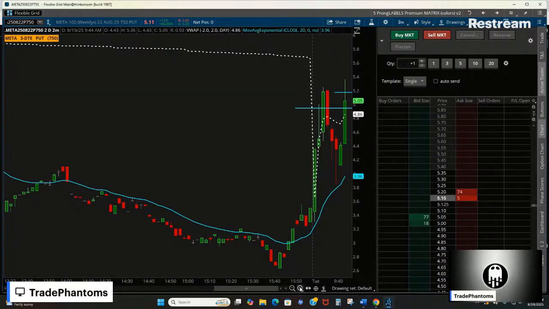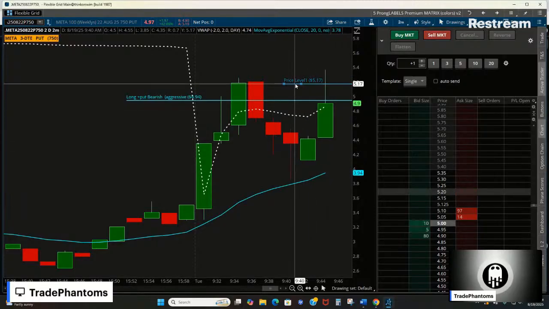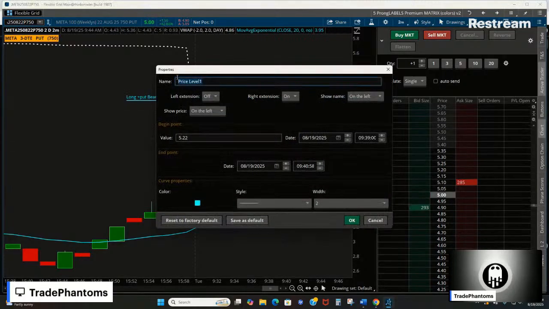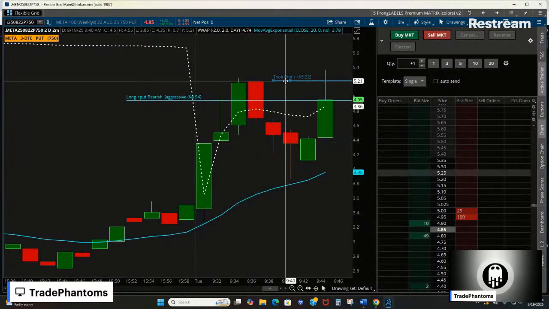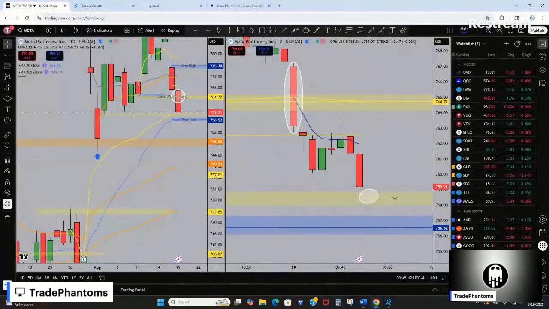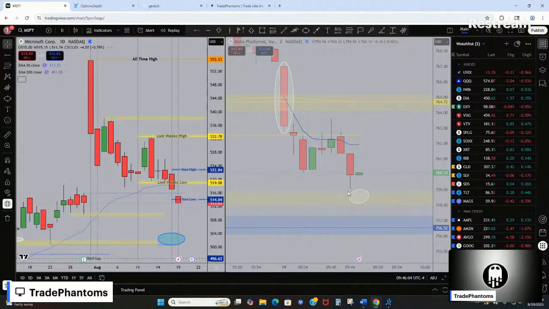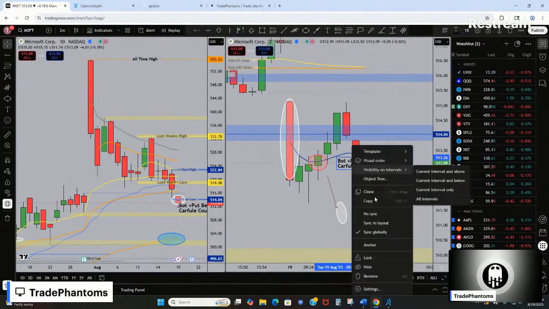albeit it's not an insane rip. But shorting Meta is always like, woo, gotta be careful with that. I just realized I made all the notes on Microsoft. I'm just gonna copy this.